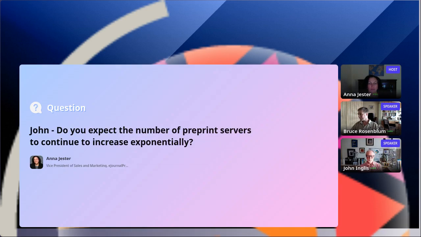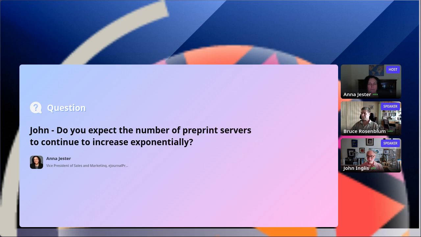Thank you. All right, so I've got two more questions here, one for each of you specifically. John, do you expect the number of preprint servers to continue to increase at the same level or exponentially? Thanks for the question. No, I don't, to be quite honest. I think we're in a phase where there is much enthusiasm.